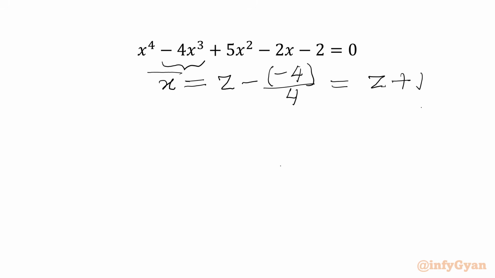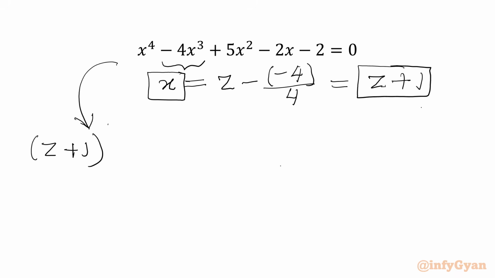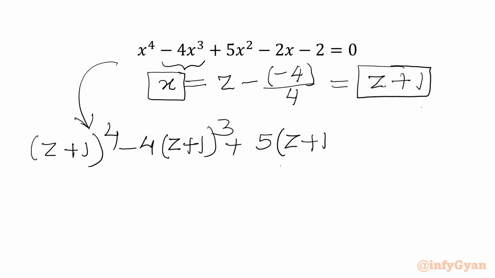Now we are going to replace variable x with variable z. So we will get our equation in z: (z plus 1) whole power 4 minus 4 times (z plus 1) whole cube plus 5 times (z plus 1) whole square minus 2 times (z plus 1) minus 2 equal to 0.